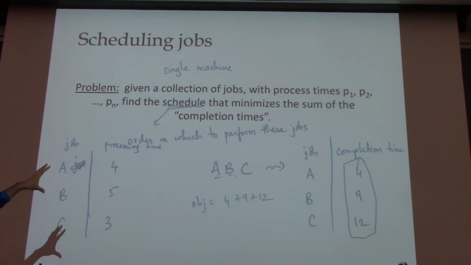So for this problem, what would be a better schedule than ABC? Somebody said, okay, I've heard all possible permutations. Let's look at CAB. Here what's the completion time for A?